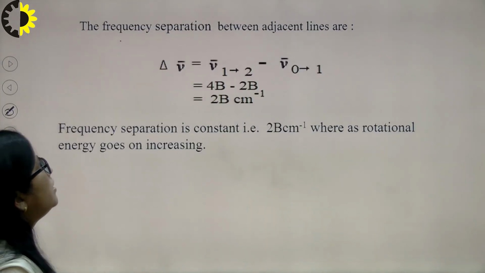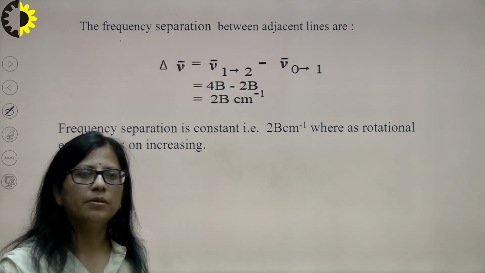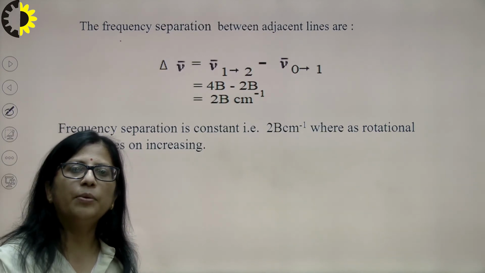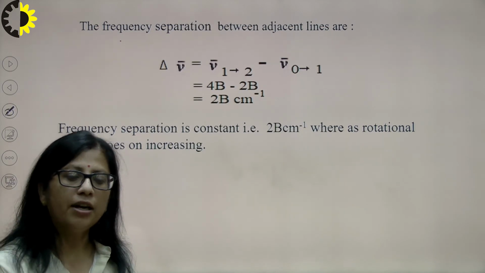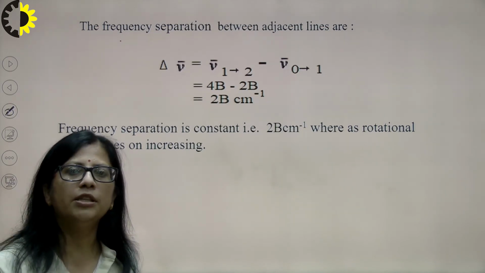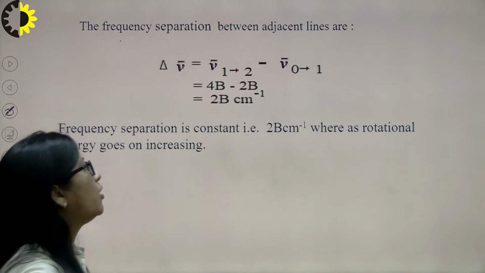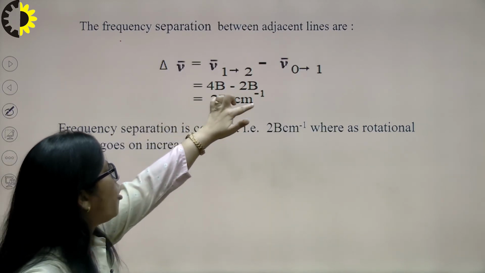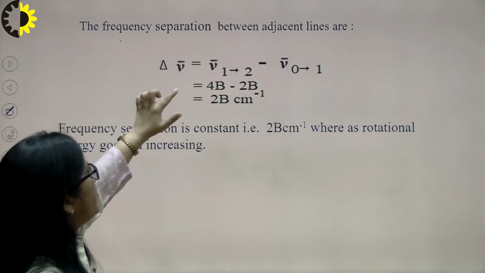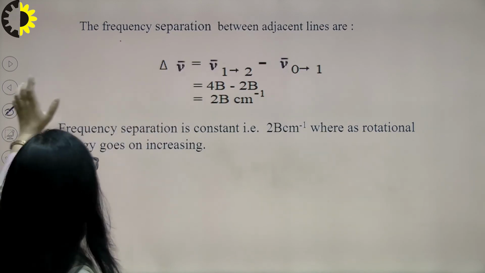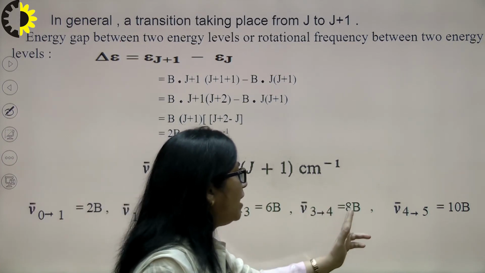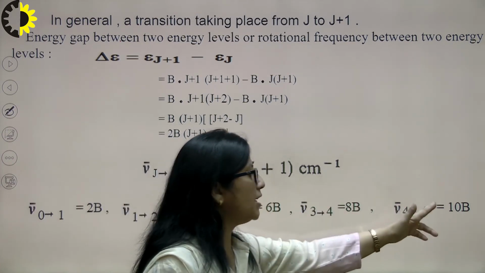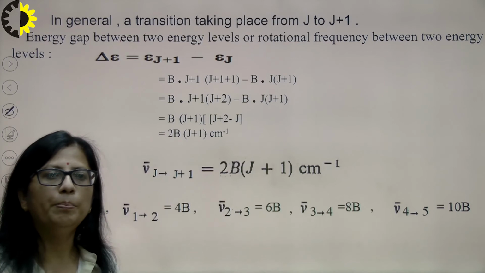Now, the outcome of it is the frequency separation between adjacent lines. The different lines that we are going to observe in the rotational spectra are going to be at a distance of 2B, because from one level to another level, the difference is 2B.